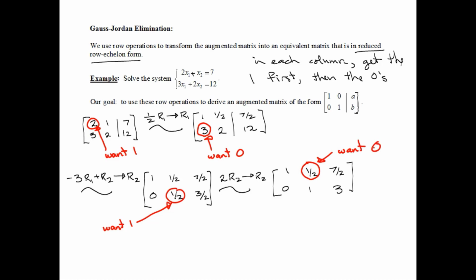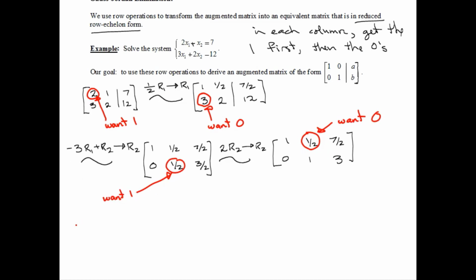The way we get a 0 in that location is we take the opposite of the number that is there. So that'll be -1/2. Multiply that by the row that has the leading 1, which is row 2. By leading 1, I mean that's the one that we put there that we deliberately changed into a 1. So we're going to get -1/2, row 2. Then we're going to add the row we're working with and put it back into that same row.